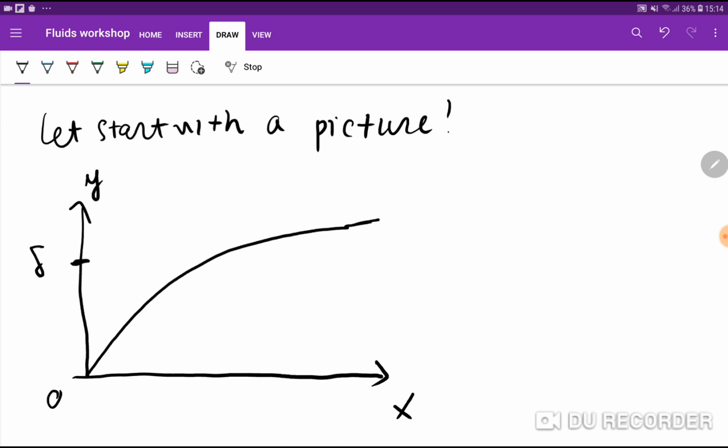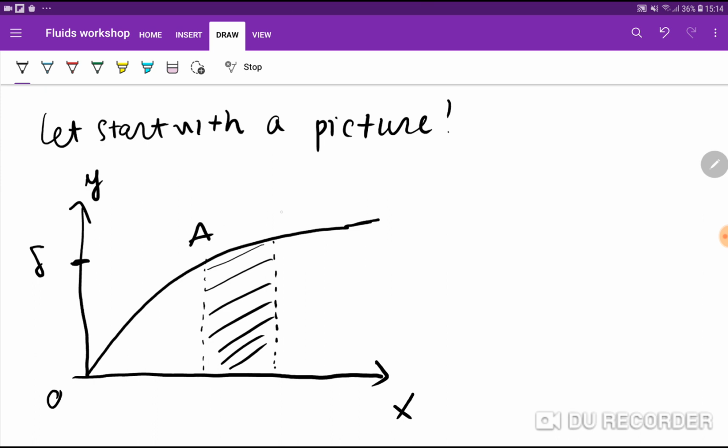This is the flow profile, by the way, and then I would take one small region right here. You can take any arbitrary region, but I'm just picking this one because it's kind of in the middle.